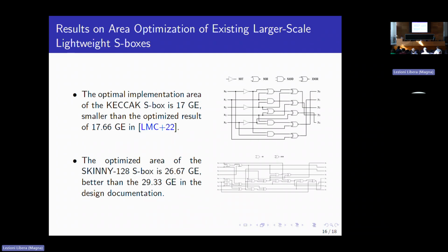The 29.33 is from the Skinny documentation, and besides that, we synthesized the Xboxes for our method and the documentation method, and the result is the same. So you did both yours and the original one for synthesis. Yeah. Okay, thank you.